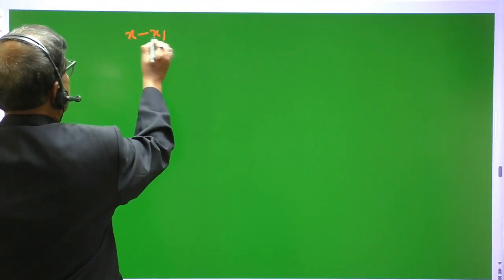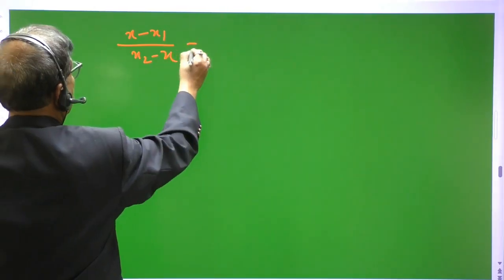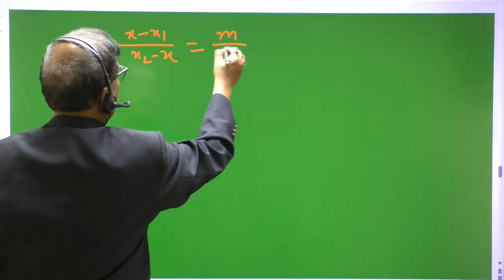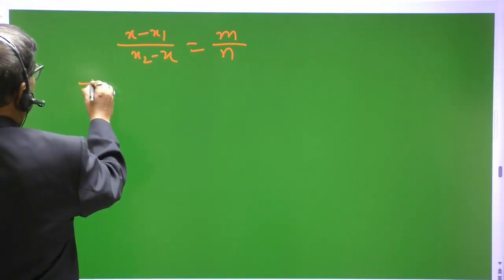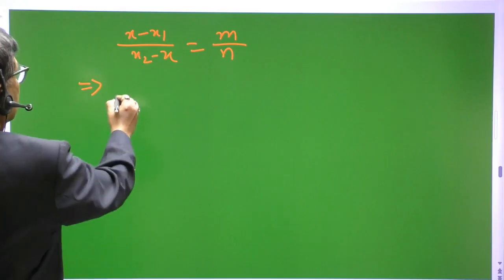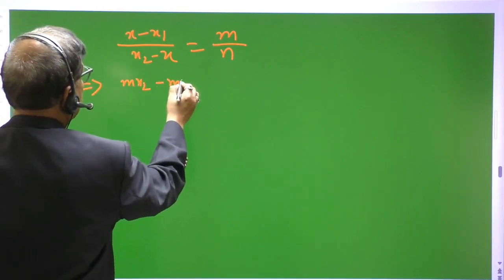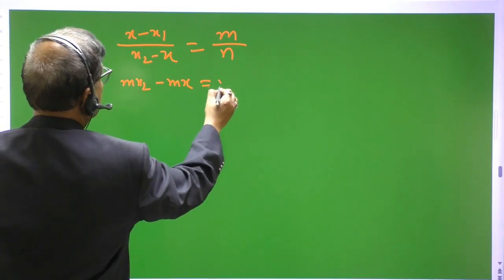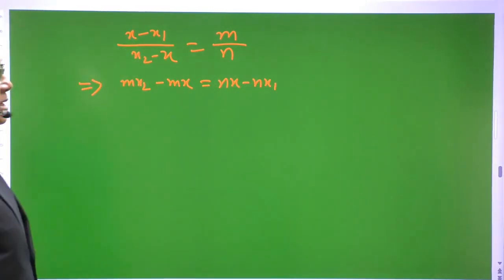(x minus x1) upon (x2 minus x) equals m upon n. Is it clear? So this implies m x2 minus m x equals n x minus n x1.